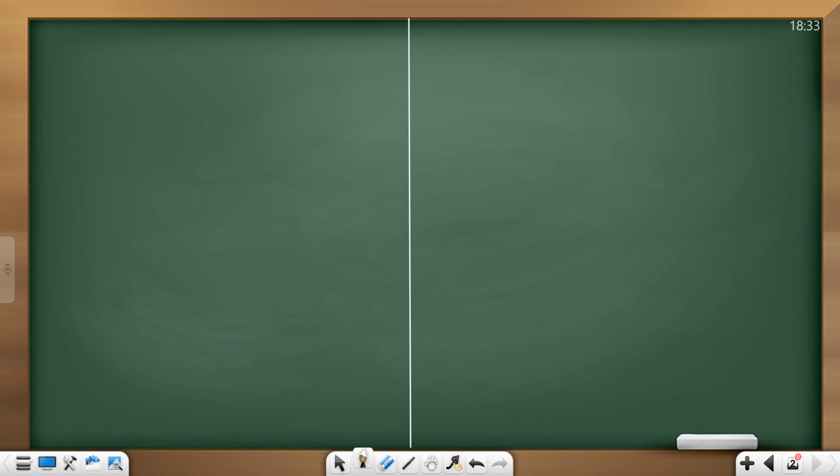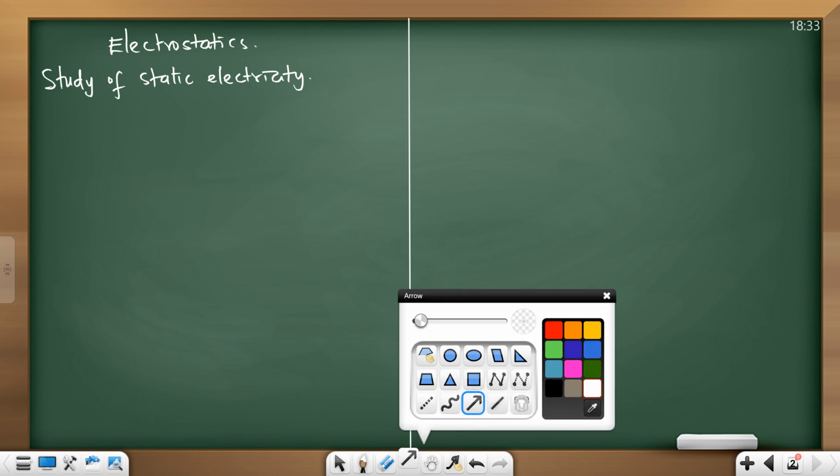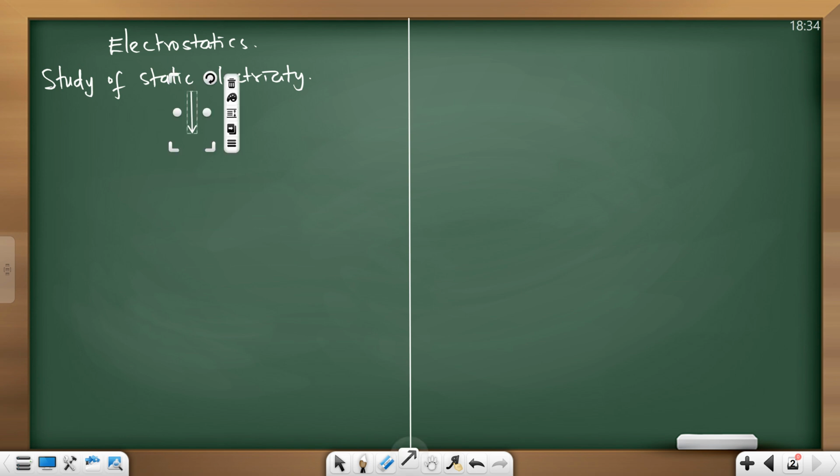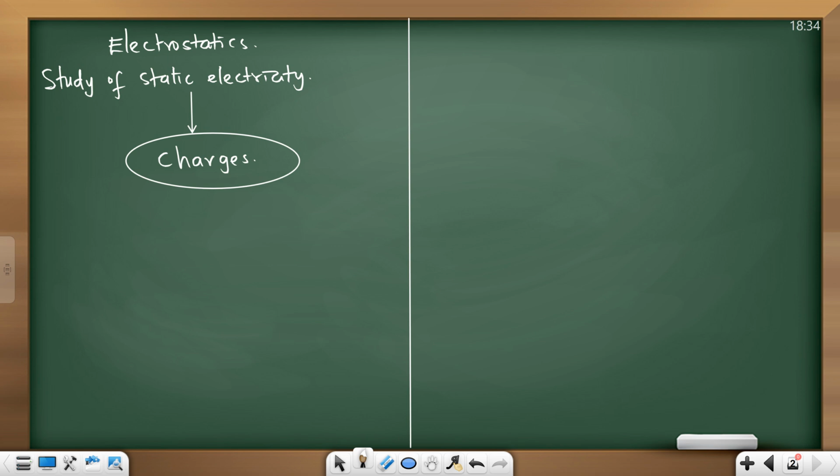The first thing is to understand, I'll take you through grade 10, when we talk about electrostatics, it is the study of static electricity. And when we say we are studying static electricity, basically, we're looking at charges.